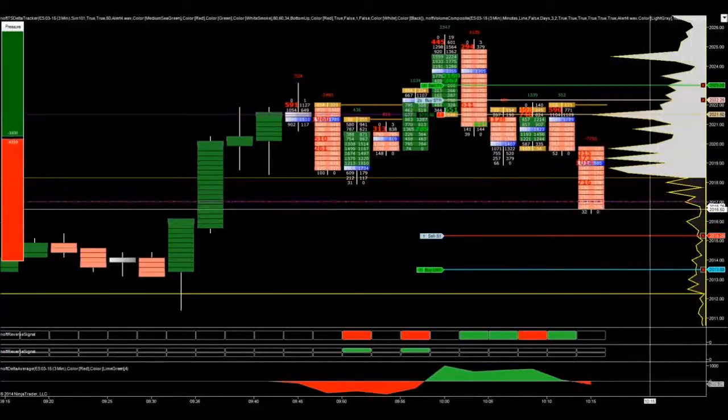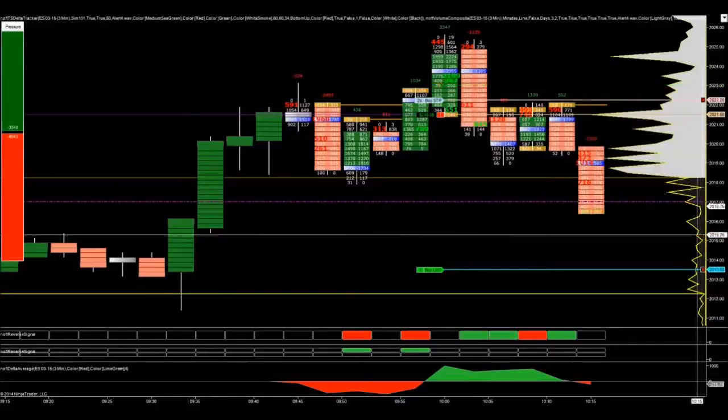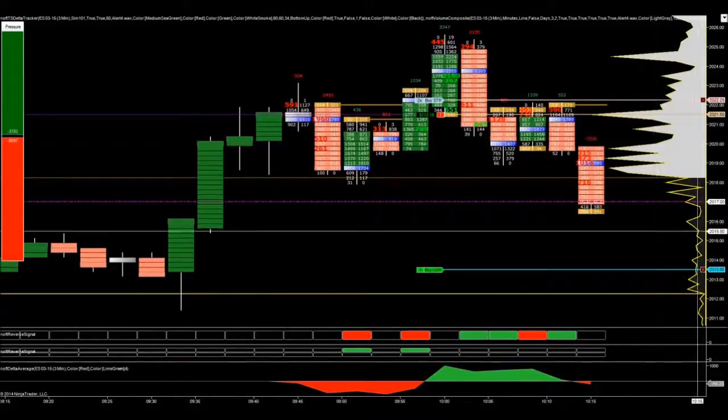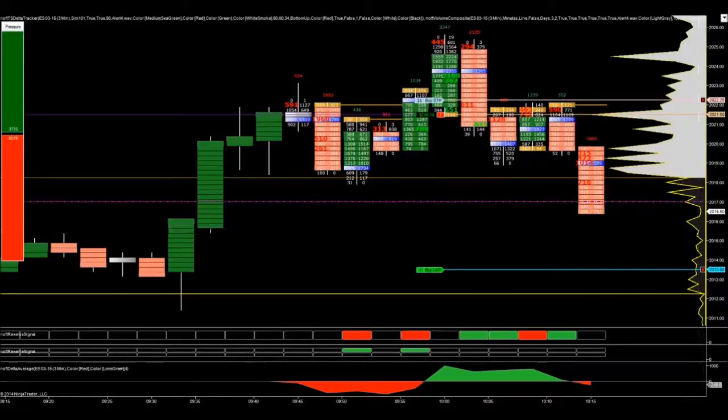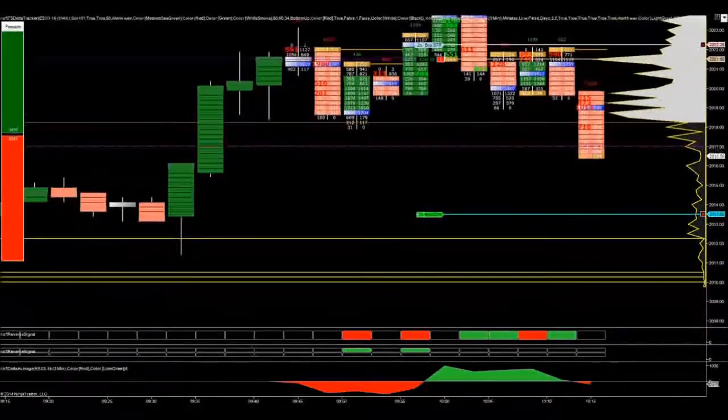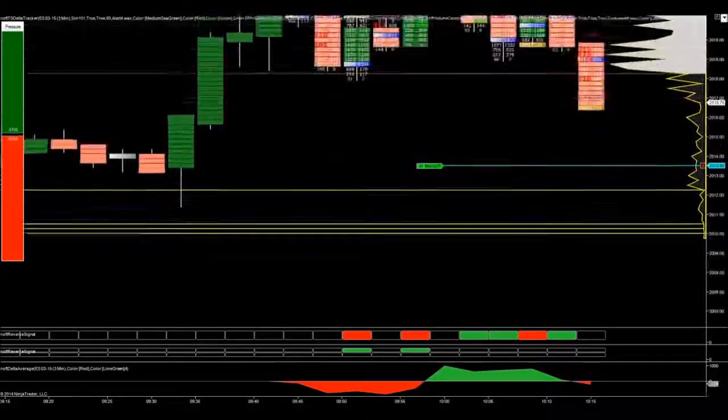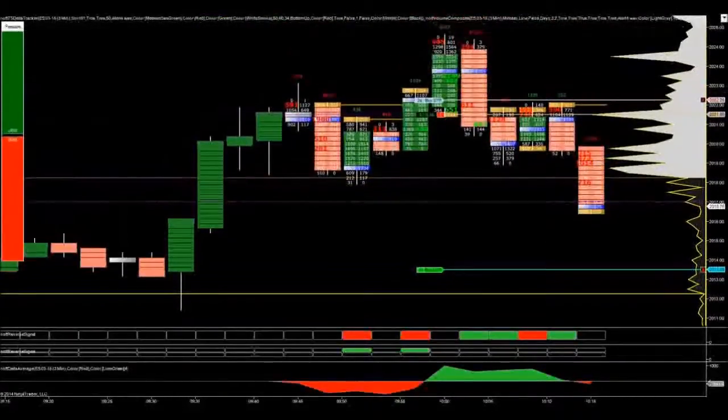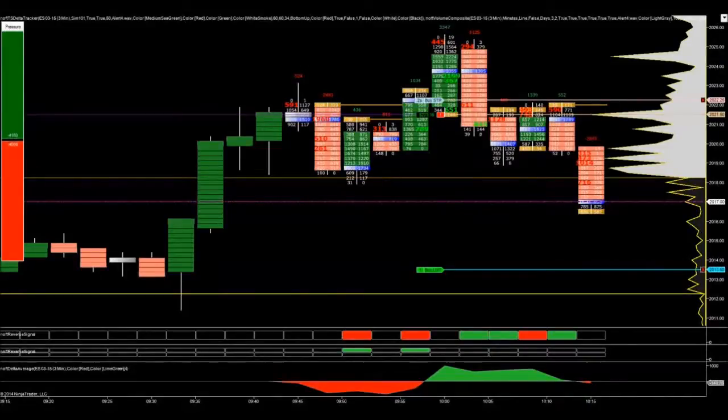Okay, so the first target gets taken, and because we had rolled over, I hadn't set up my ATM properly, and so it put in an extra order on the chart there. So I quickly canceled that, realizing my error. The great thing was the market continued to move in my favor.